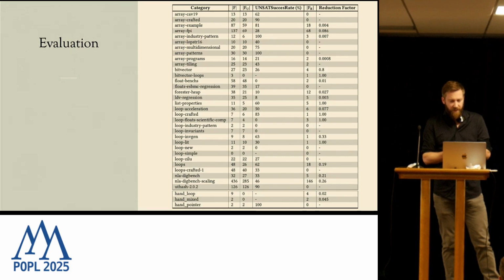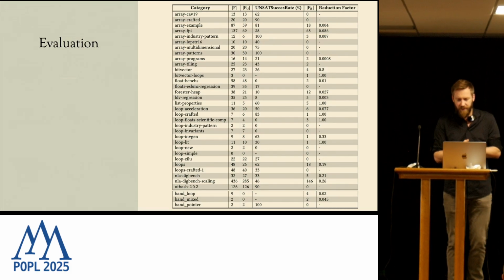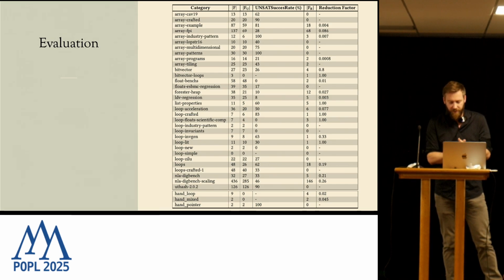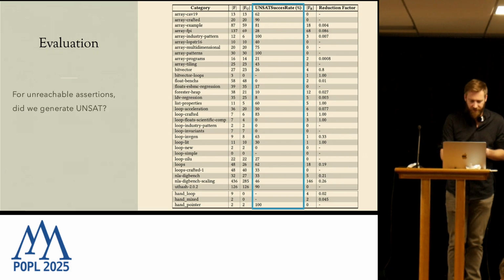Now we have done an evaluation. We have used the SV-COMP benchmark suite. And this was very useful for us because this actually comes with a ground truth. So it contains a lot of programs. These are categories of programs. And for all these programs, they contain assertions with annotations whether these assertions are reachable or not. And in that way, we could first evaluate soundness.